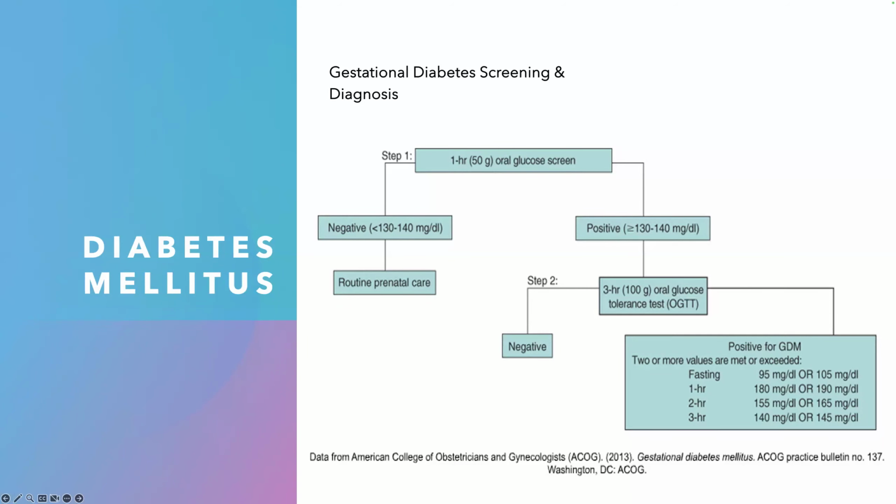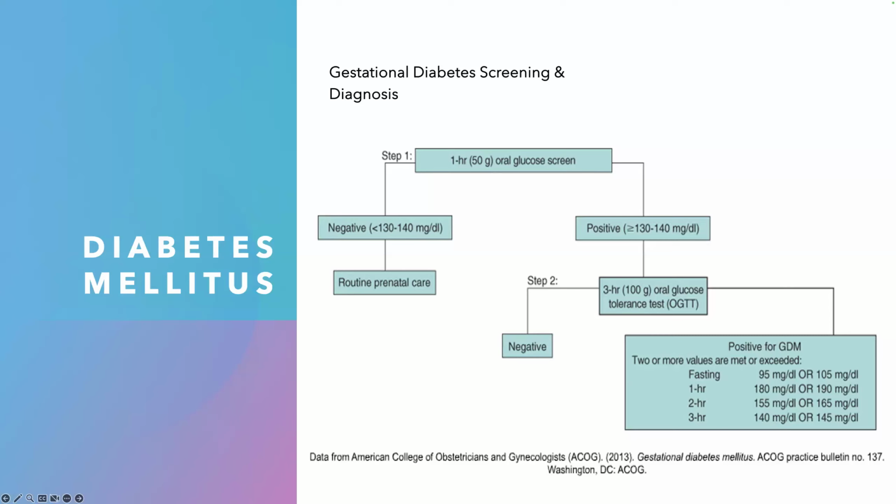So anywhere that's 130 or higher, they could potentially be screening positive. Most often people are using 140 or higher because the research shows that using a lower level does not necessarily find more diabetics. It just makes more people go for additional testing. So if anyone's blood glucose is 140 or higher, then they have to go for a diagnostic test.